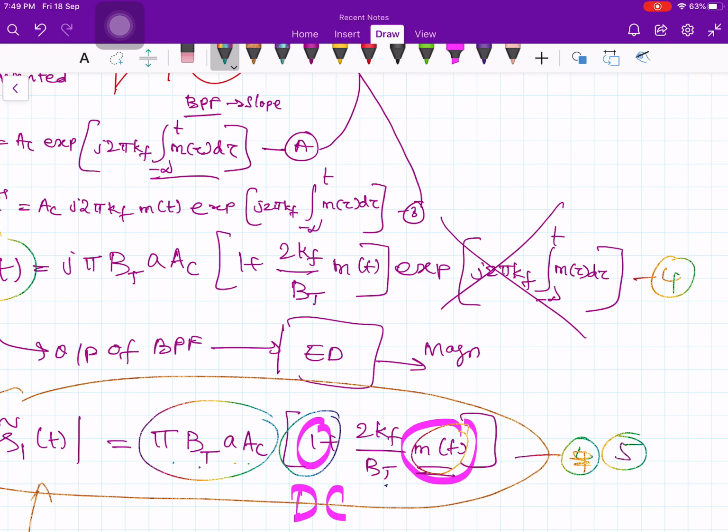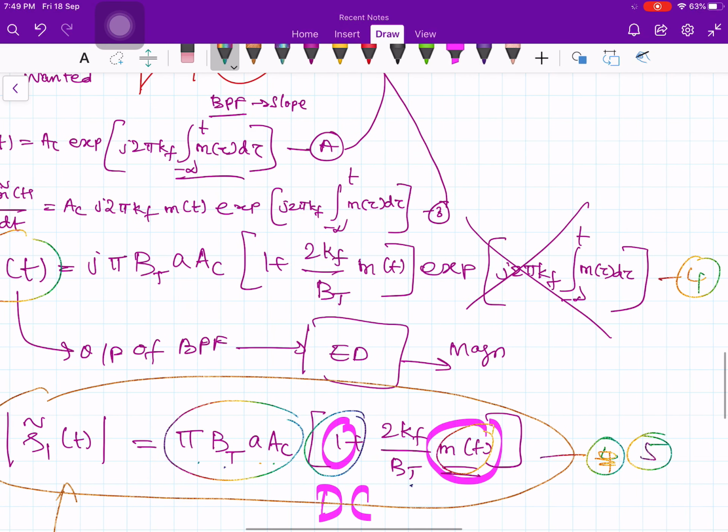This equation 5 indicates an amplitude modulated signal, and if you multiply by this one, that represents the carrier. The only thing is that in this case the carrier is not a constant frequency, the carrier is variable frequency, but the carrier itself is an FM modulated signal. This I discussed elaborately in one of the previous lectures, I am just recapitulating here.